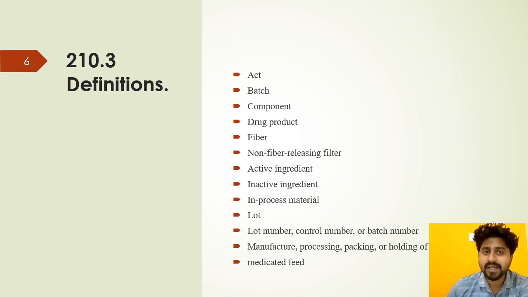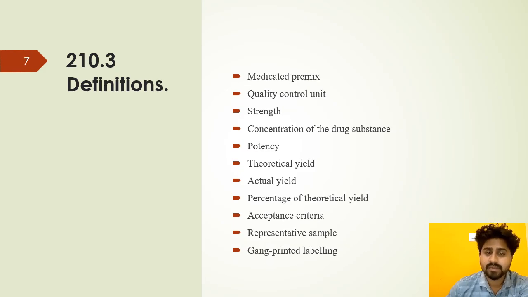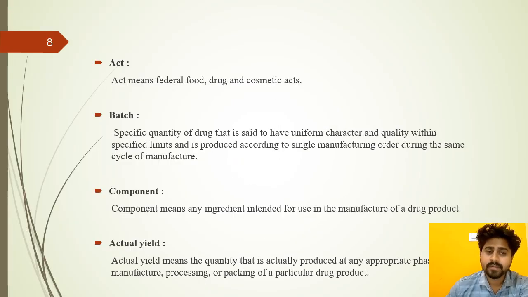They are explained individually. Continuing from the previous slide: strength, quality control unit, potency, actual yield, acceptance criteria. These are the individual definitions, each with its meaning.